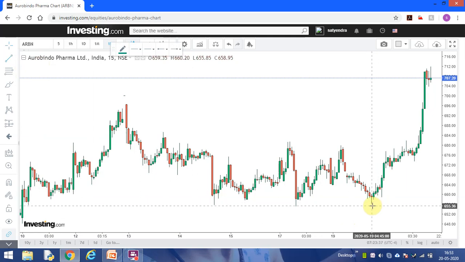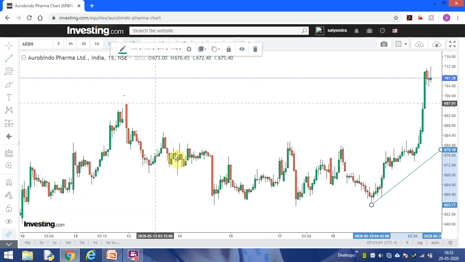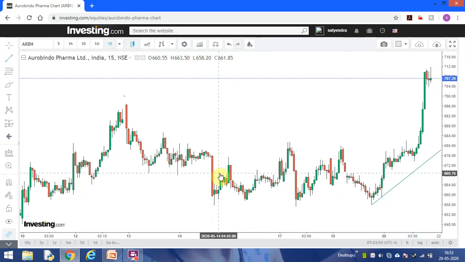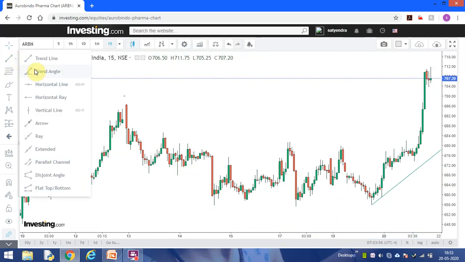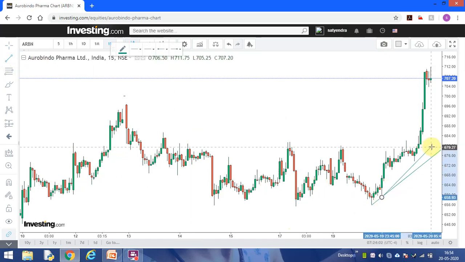I see this is one low, this is another low, and I draw one trend line. You see that? Okay. Now I am going to draw an inner trend line. This is the outer trend line, then this is the inner trend line. You see, this is one more trend line.